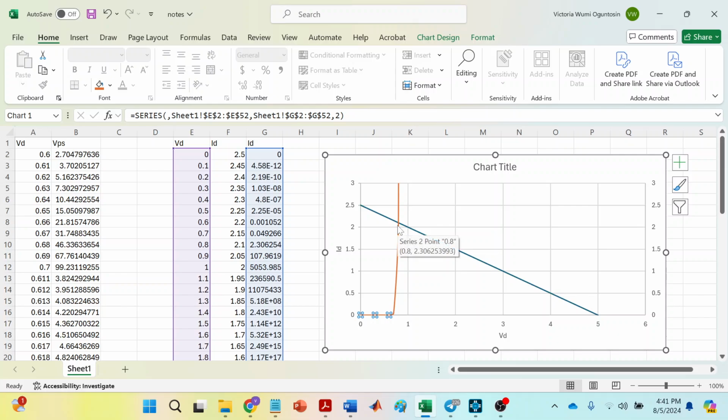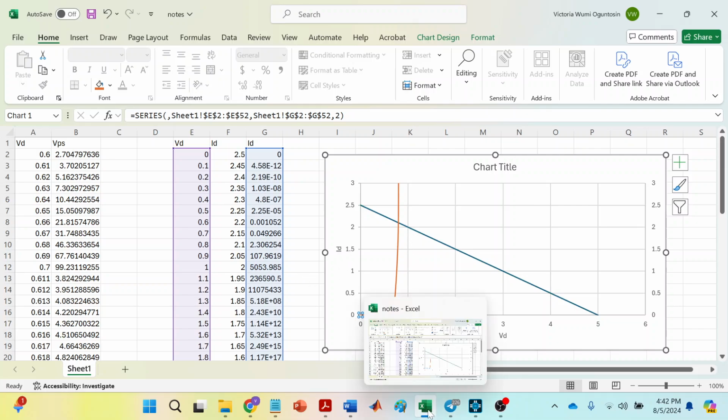Then the point of intersection of the load line with the IV equation of a diode will give you the diode voltage and the diode current. So this is using the graphical approach.